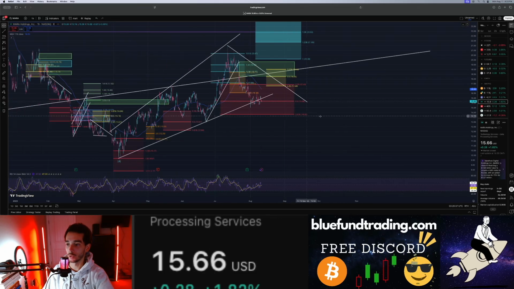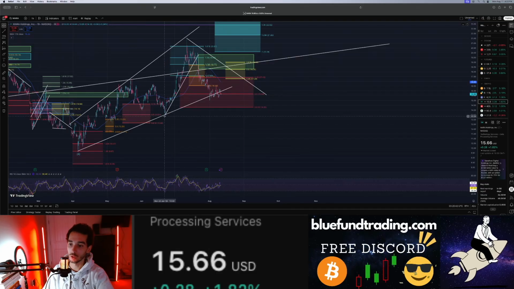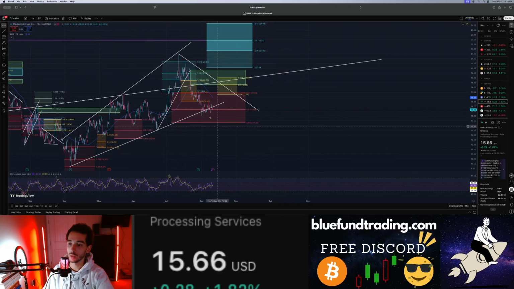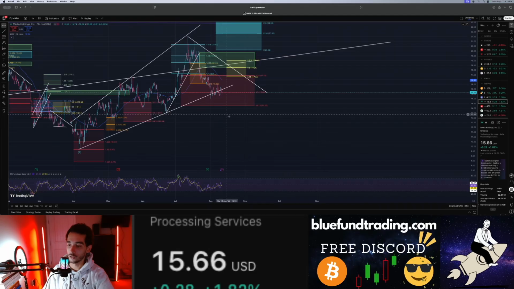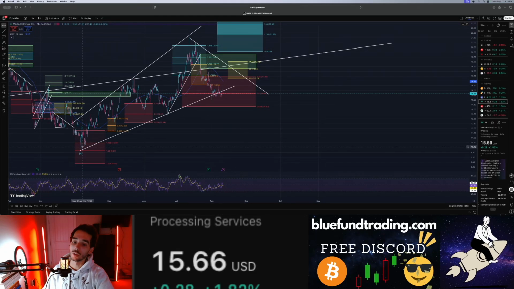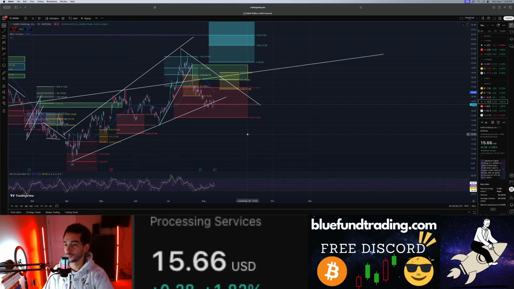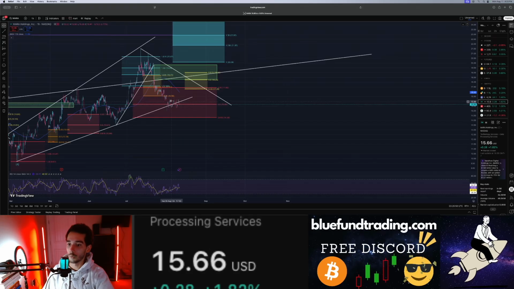Now what I've been doing is this red one is the same thing, right? I like to be more conservative with it. So instead of starting from here and going up to here, as you can see, it would have failed. I've had this drawn before we even came down into this area. I started from the swing low all the way up to the swing high right here, and we came all the way down into it.